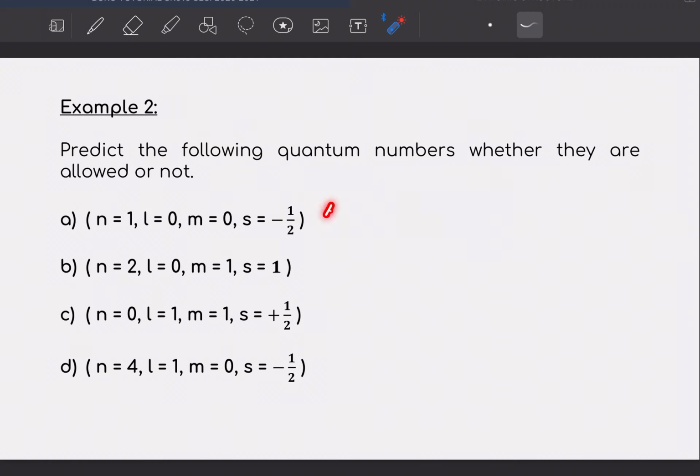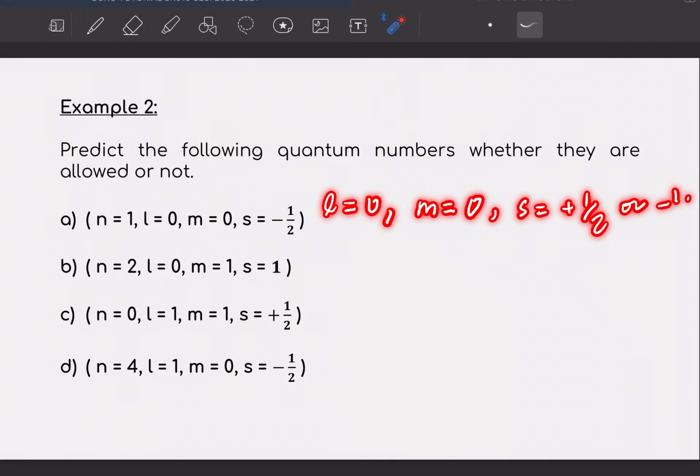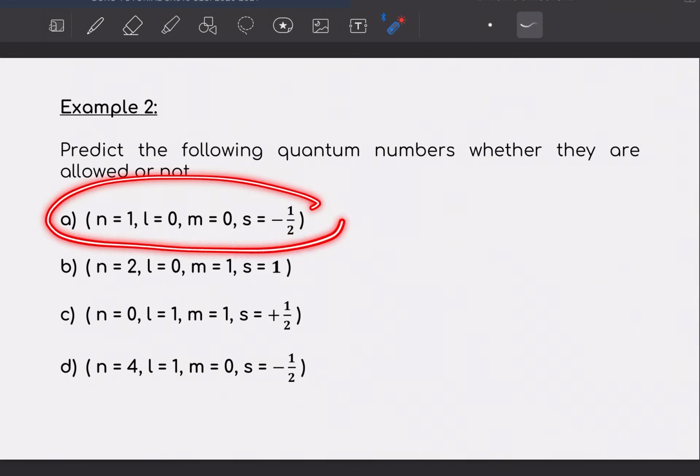So when L is equal to 0, the possible value for m will only be 0. Okay, and your s can be plus half or minus half. So in this case, dia letak minus half. So itu adalah possible. So that is allowed. Okay, so this set of quantum numbers is allowed.